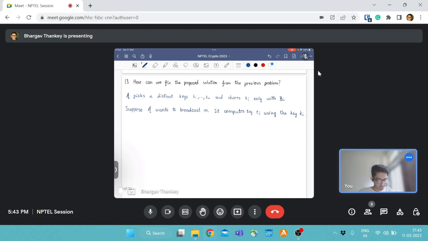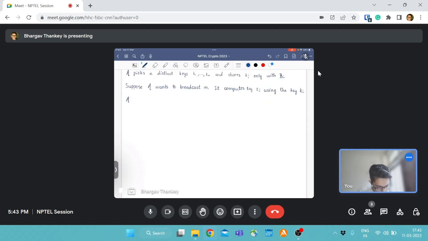So here's the message A can broadcast: M followed by T1 to Tn, where there are N tags, and Ti is the tag for M with respect to key Ki.